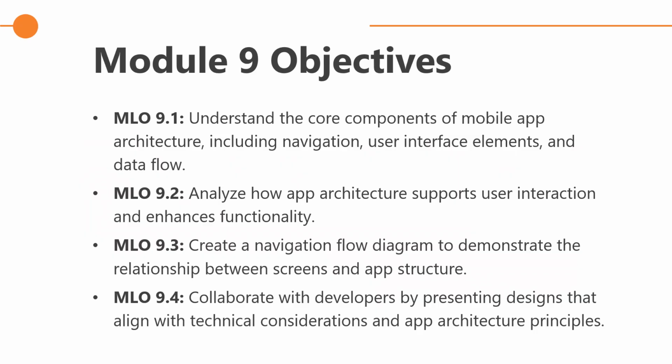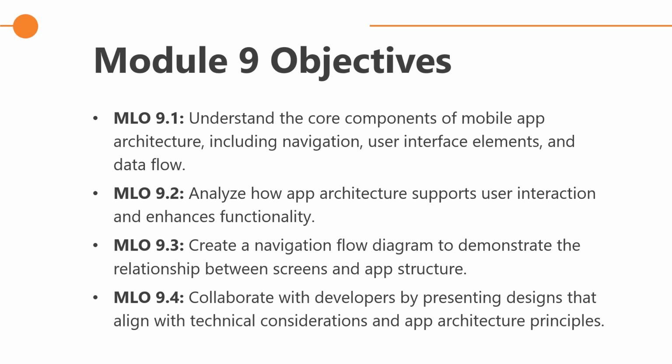So in this lecture, we're going to briefly go over some core components of mobile app architecture. This may include navigation and UI elements and data flow. We're also going to analyze how app architecture supports user interaction and enhances functionality.